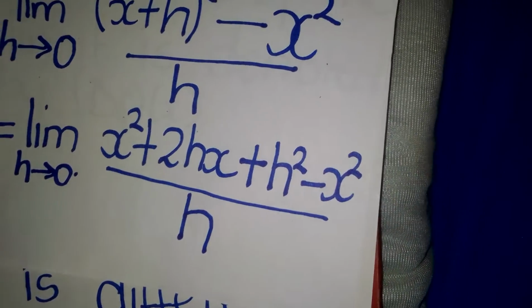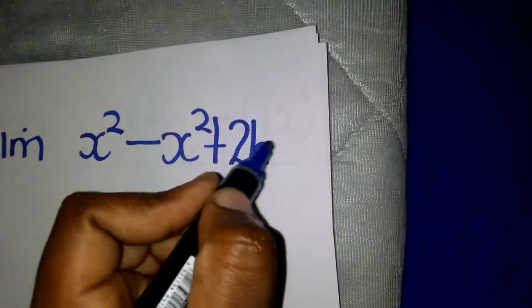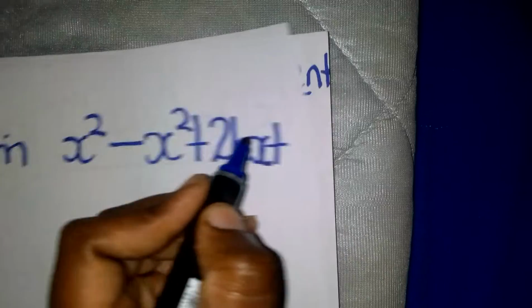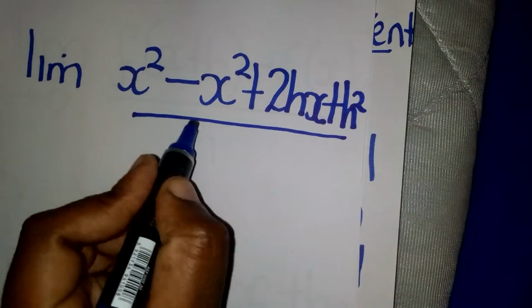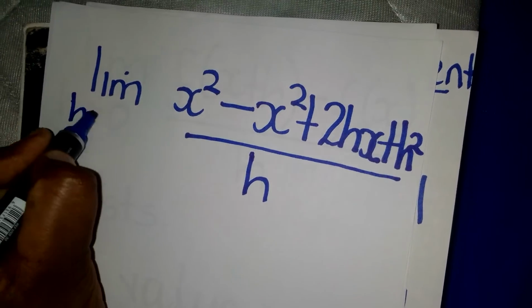Then we further simplify. We have the limit of x squared minus x squared plus 2hx plus h squared, all over h, as h tends to 0.